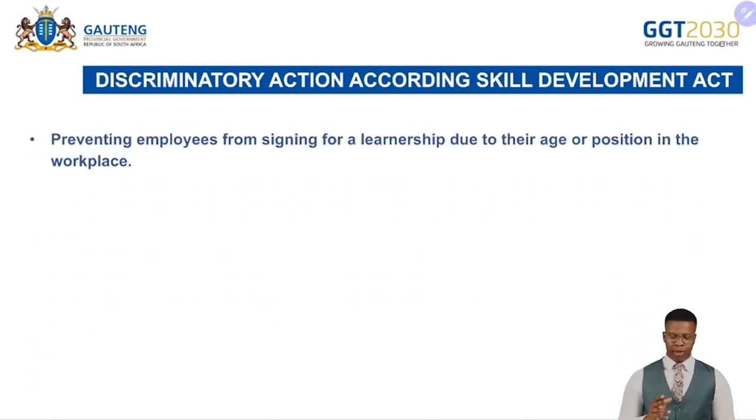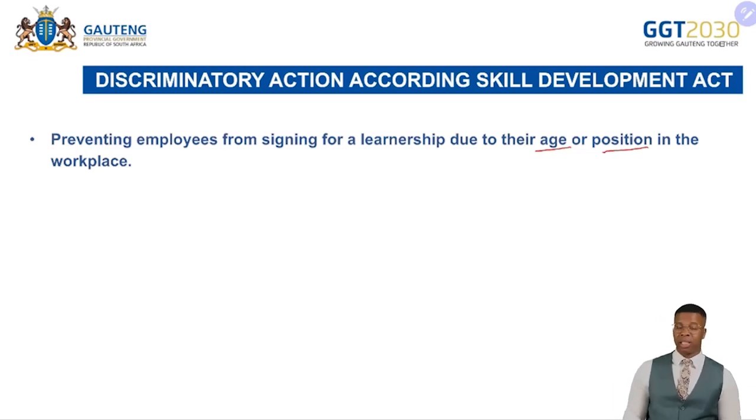Now, the business preventing employees from signing for a learnership due to their age or position in the workplace is considered to be discriminating against that particular employee. When some employees are holding critical or important positions, the business doesn't want to waste time with such employees because they know that they are very important, especially when looking into contributing to the production or productivity of the business.